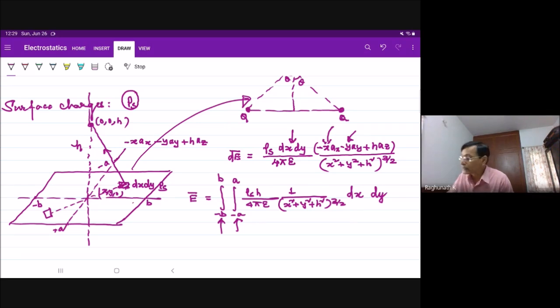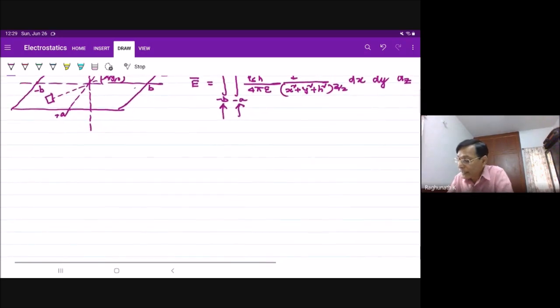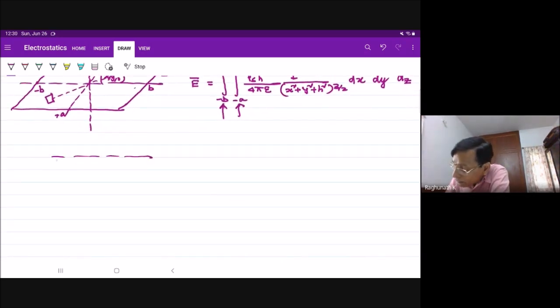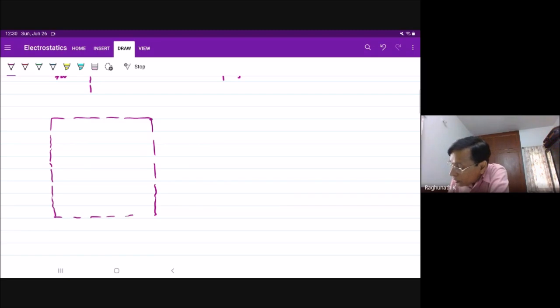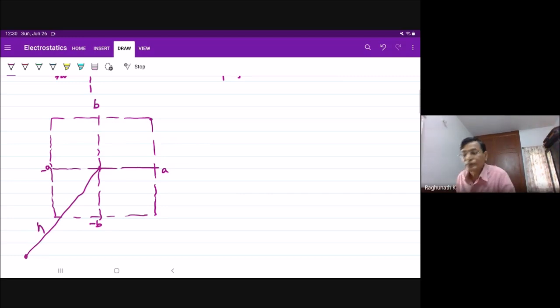Look at the integral Az only. If I were to consider the plane on the xy plane, let us say this is the xy plane for me, in which y goes from minus a to plus a, z goes from minus b to plus b, and my point is on the x-axis at a distance h.